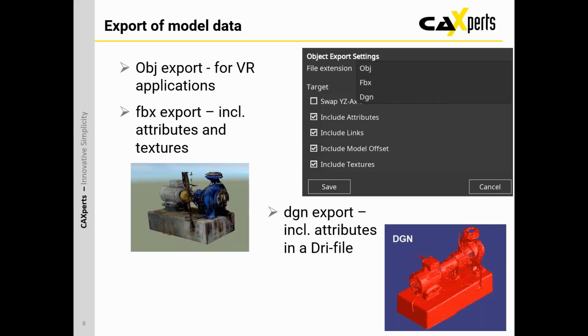So let's stay with the export of data a little bit, and take a quick look at the export module. This export module has existed for a while, but we have expanded it in the meantime.